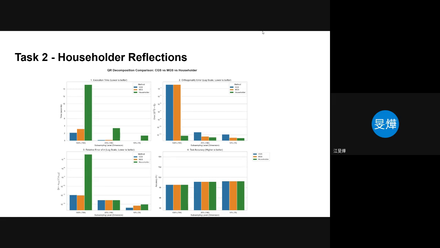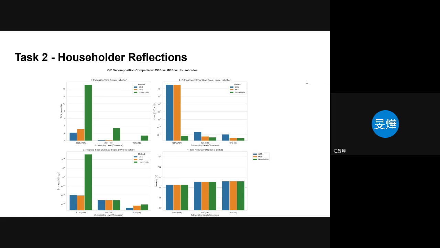Correct. But what we get in return for that time, we can see in the top right chart, the orthogonality error. This is the most important finding.